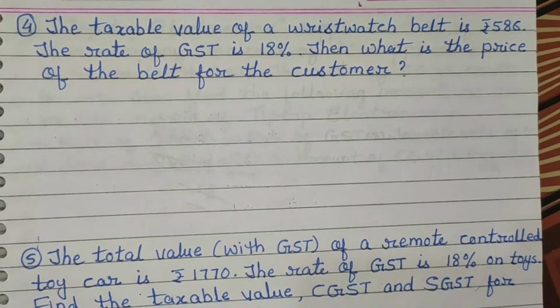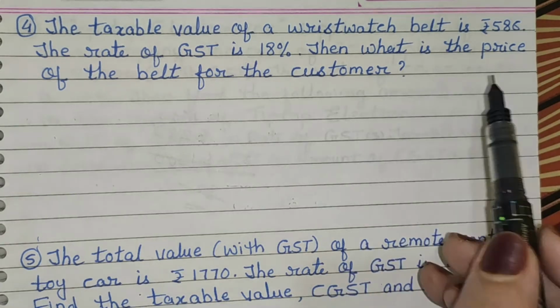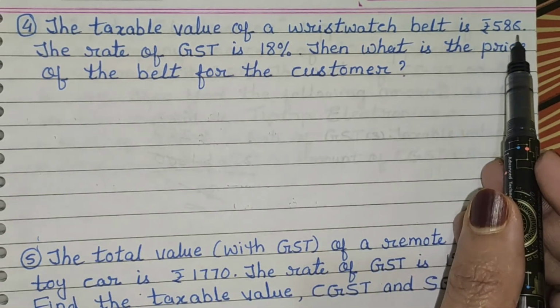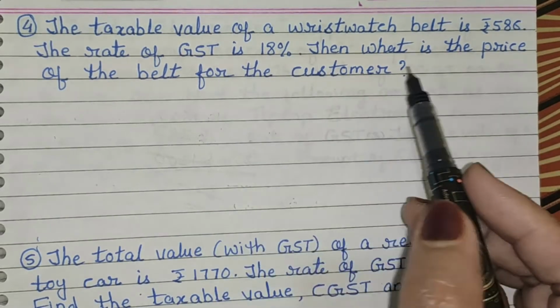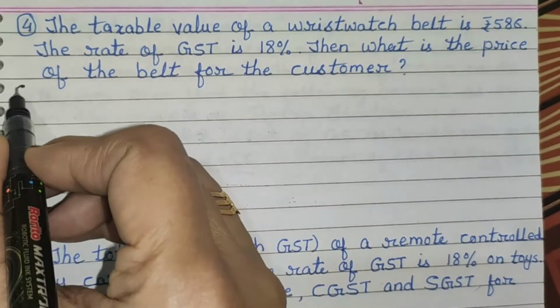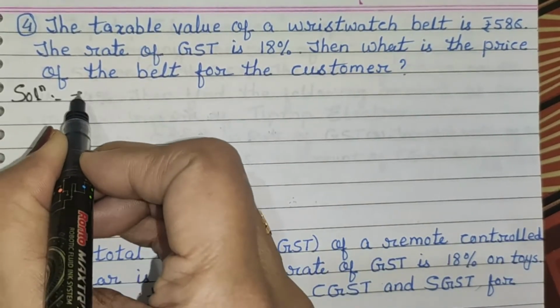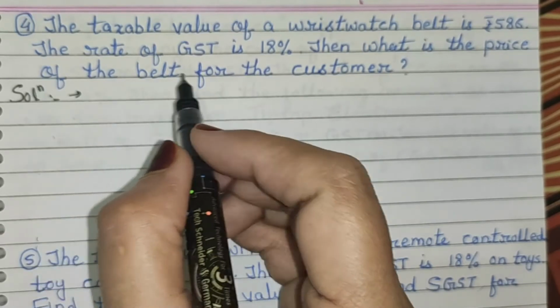Now the next question is, the taxable value of a wristwatch belt is rupees 586. The rate of GST is 18%. Then what is the price of the belt for the customer? Write down the solution here. The taxable value of wristwatch belt is given.